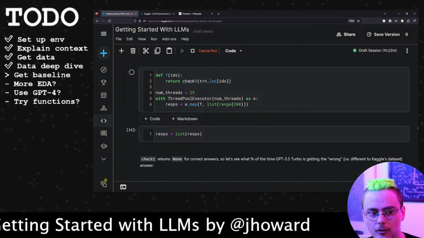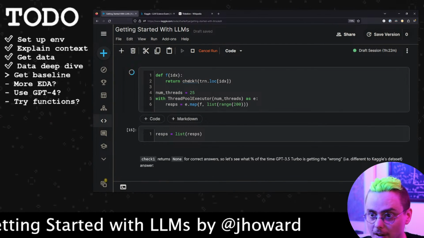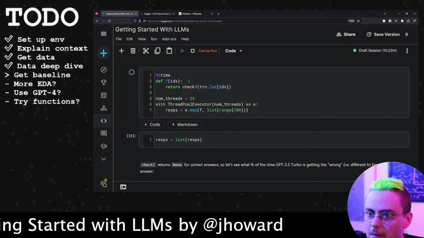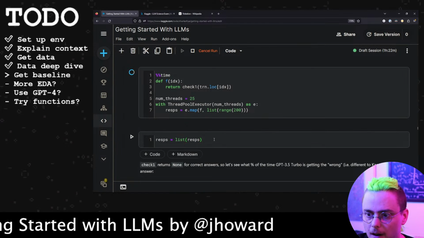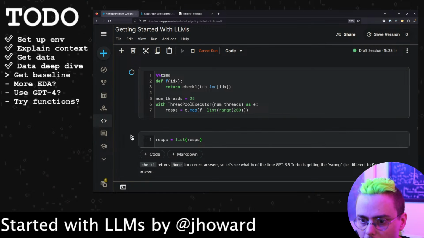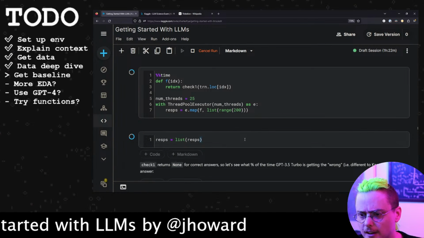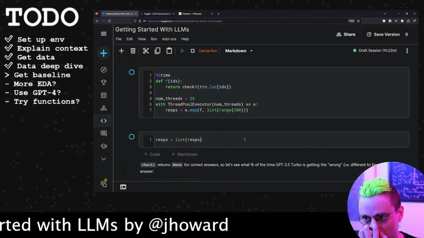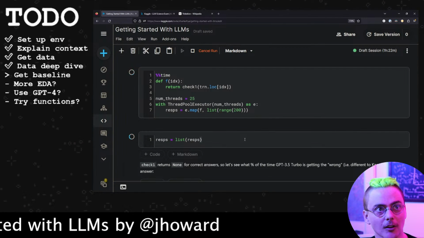If we wanted to, we could add a cell magic, like percent time up here, if we wanted to actually track that. So if we ever run it again, we can figure that out. The other thing is, saying that it would just automatically parallelize and take 8 times the typical length is probably overly optimistic.